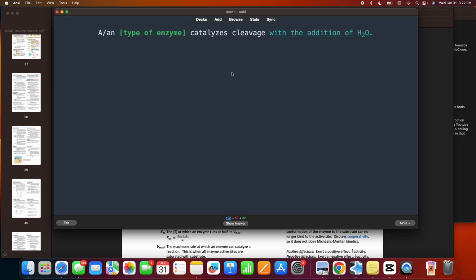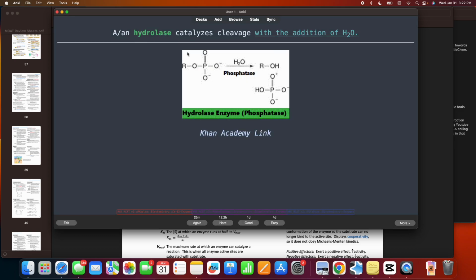What type of enzyme catalyzes cleavage with the addition of water? It should be a hydrolase. Since we have water, it's a hydrolase. The hydrolase does the cleaving. We have hydrolysis to break down proteins. Here we have an example of phosphatase.